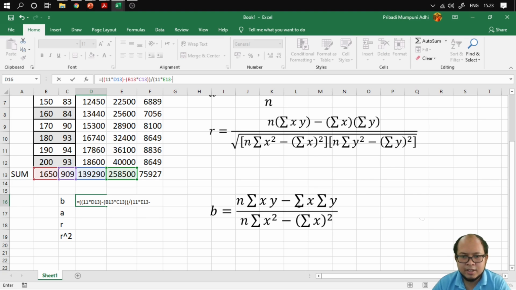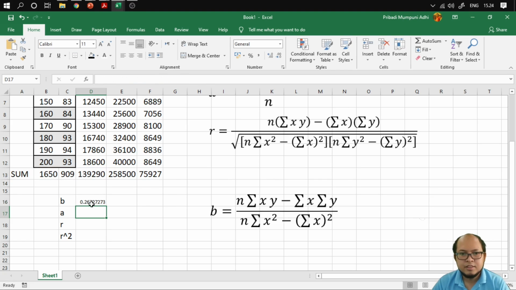What is the difference? The difference is here we sum all the x square. This one we make the sigma x and then square, so this value will be squared. So this is the result.